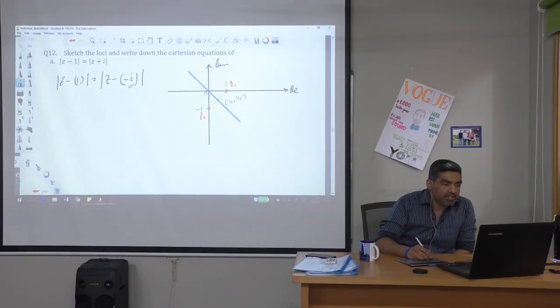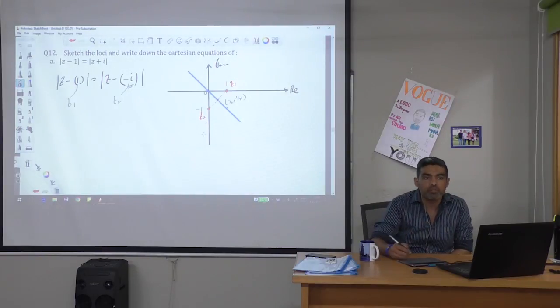This is Z1, and Z2 is minus i. This is the real axis, this is minus 1. On the imaginary axis, this is minus i. But we don't just write i on the axis, we just write 1, 2, 3 because this is all imaginary. So these are all i's. Like this is 0, then this will be i, 2i, 3i. So this is minus i, minus 2i, minus 3i and so on.